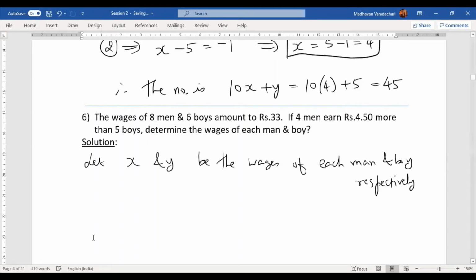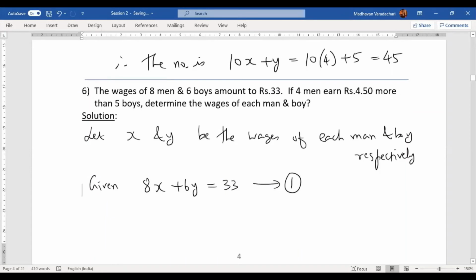Right. So what is given? Given wages of 8 men means 8 times x plus 6 times y is amounting to 33. Let me call this equation 1.